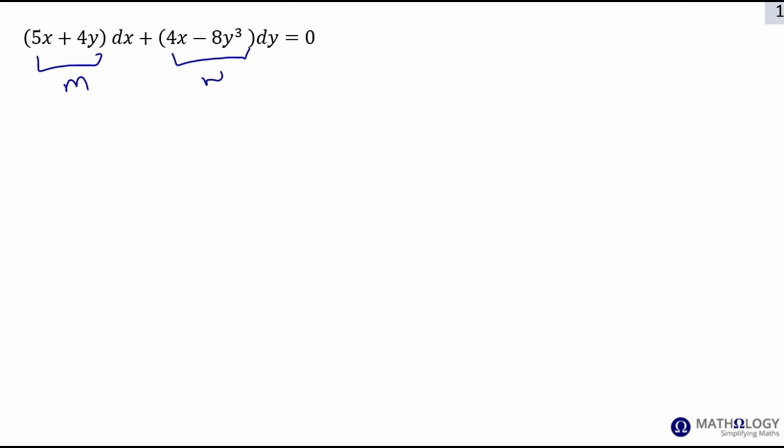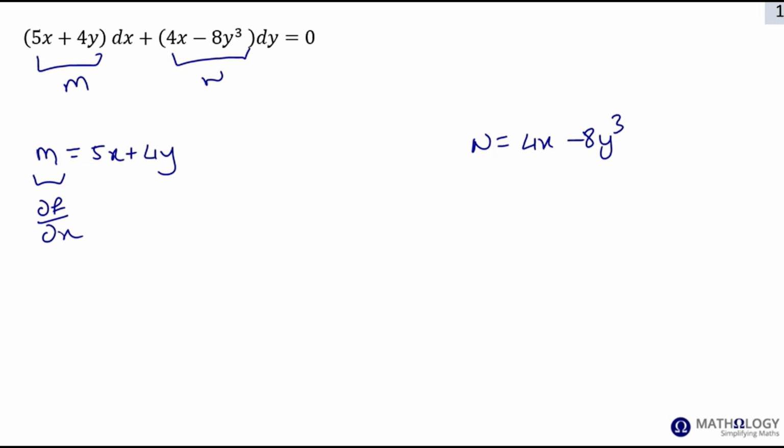Okay, now that we've shown that this differential equation is exact, we're going to write down the expression for M, which is 5x plus 4y, and we know that M is the partial of f with respect to x, and N is 4x minus 8y cubed, and N is the partial of f with respect to y.